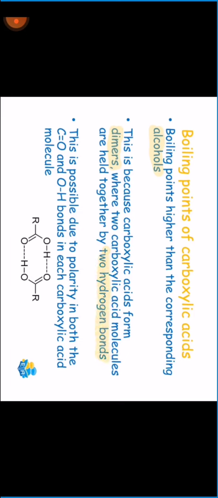And you can see this down here, a dimer, where two carboxylic acids are held together by hydrogen bonds between the OH of one carboxylic acid and the C double bond O of another. And that's what this last point says. It says this is possible due to the polarity of both the C double bond O and the OH bonds in each of the carboxylic acid molecules.